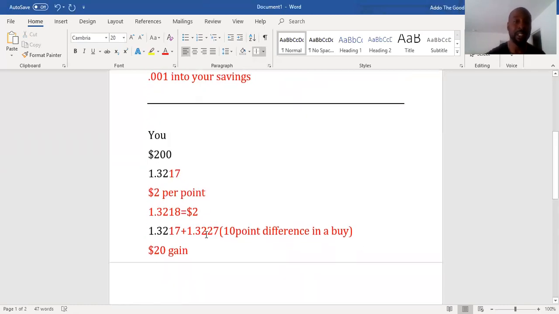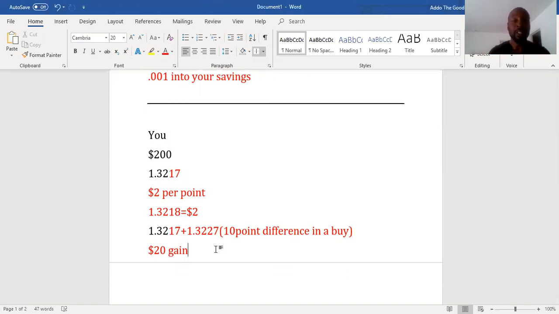Now, if you're probably saying, Brad, I don't get it, just watch this video over and over again. However you started with $200, you could put more or less on it. You could have invested $5 per point, so that would have given you a $50 gain, or it could have been $1 per point, which would have given you a $10 gain after a 10-point difference in a buy. So this is how you can currently invest into the currency market and make money immediately.